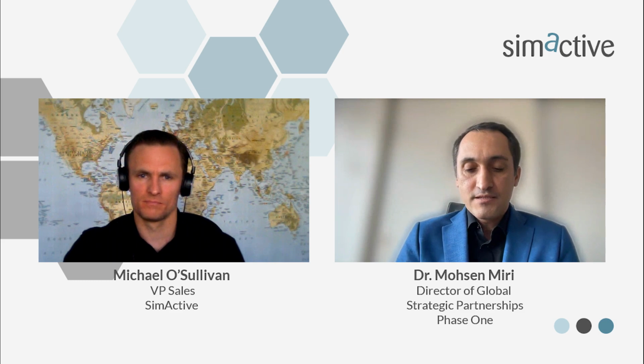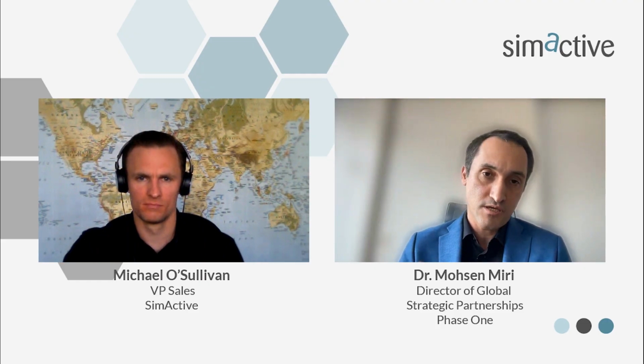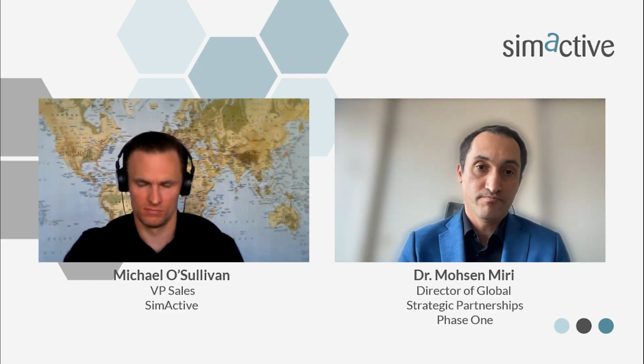It's like every pixel has the same lighting, right? This is what we would like to keep as quality and adjust in the workflow in SimActive, while keeping the data volume as low as we can.